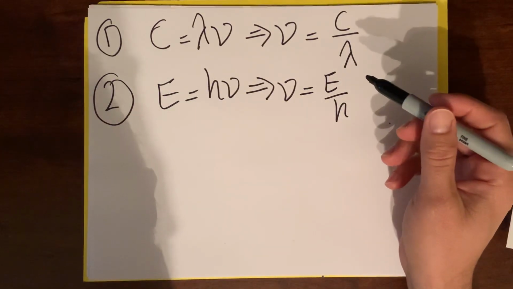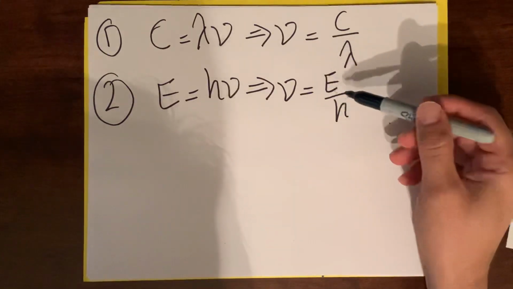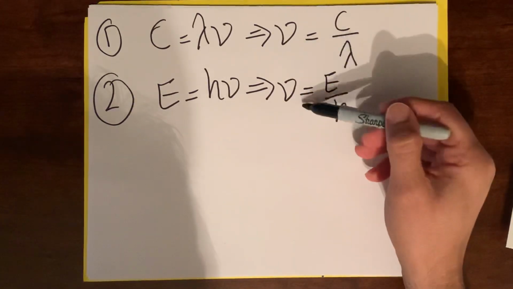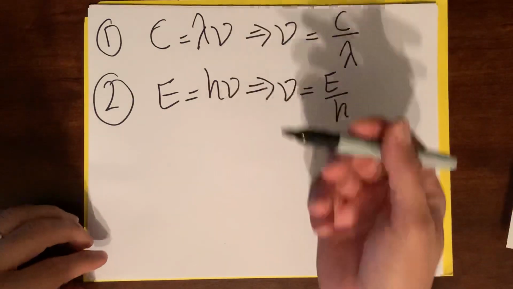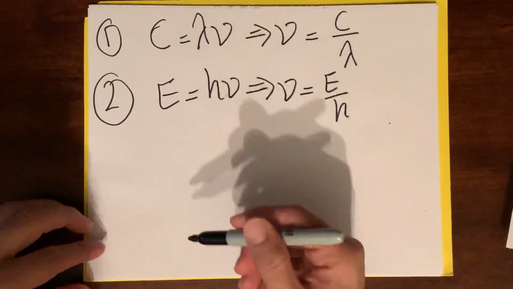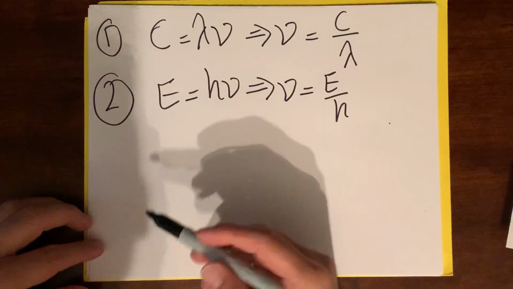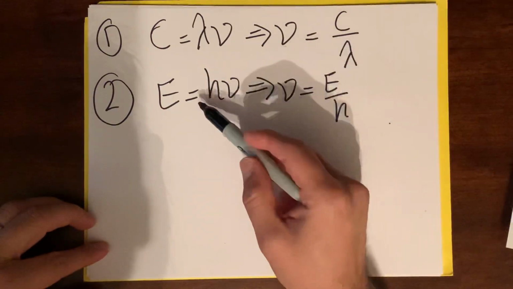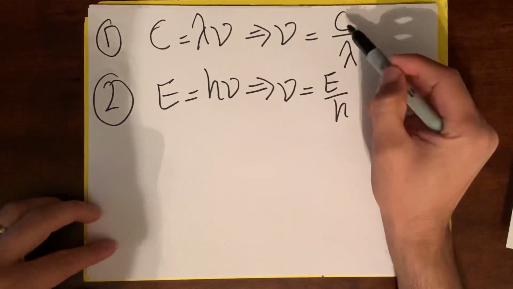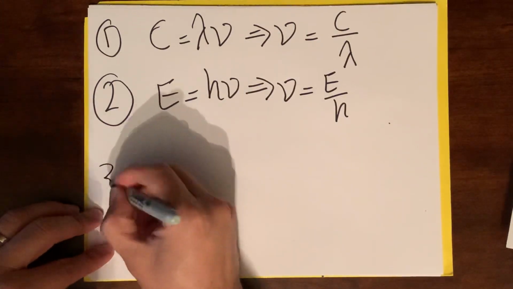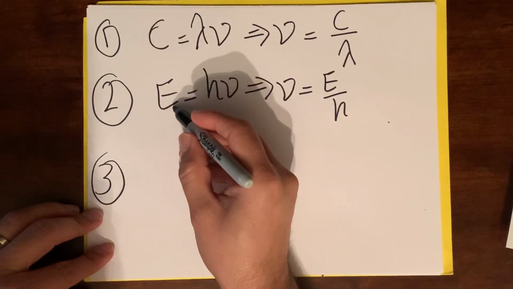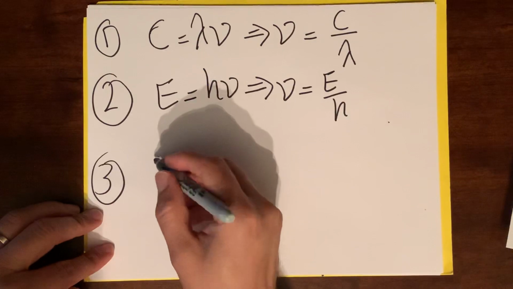I can calculate the frequency either through that one or this one. And again, I can merge them. Wherever I have frequency in the second formula, I will replace it by C over lambda.